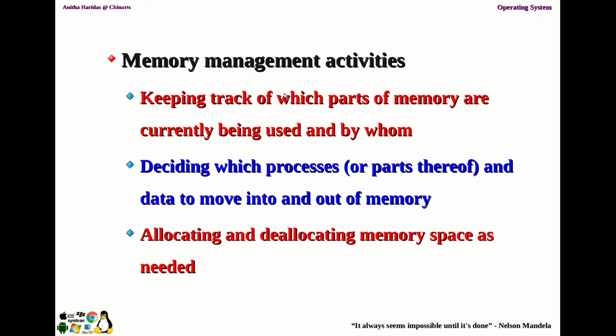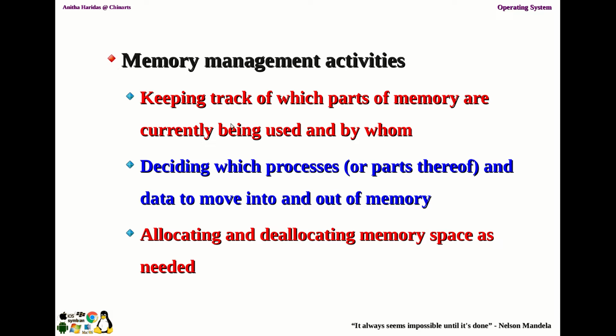So these are the activities of the memory manager. It keeps track of which part of the memory is currently being used and by whom. That means which part of the primary memory is currently used by which process, and how long it is going to use that particular memory.